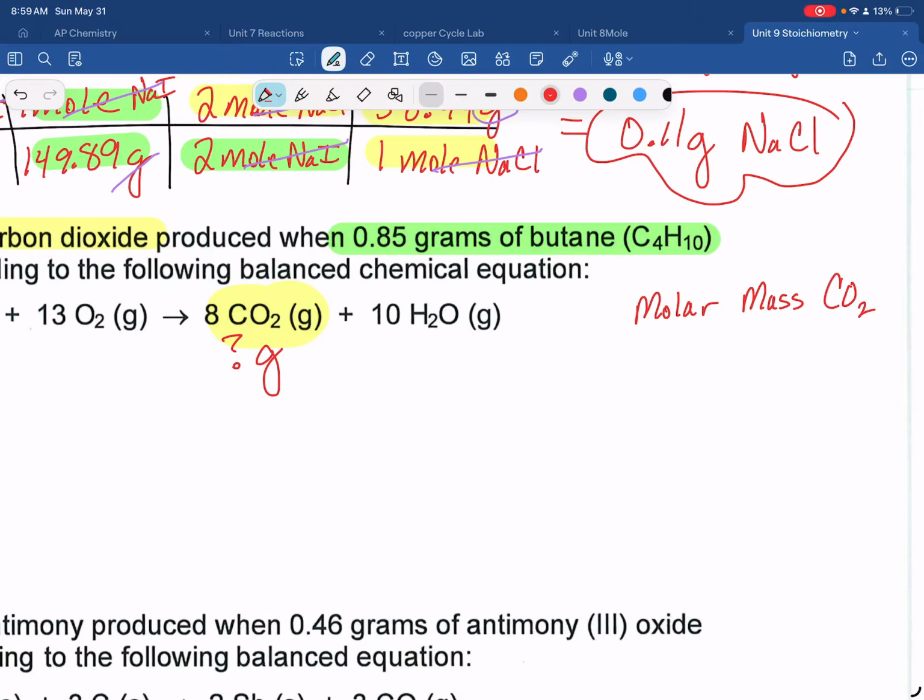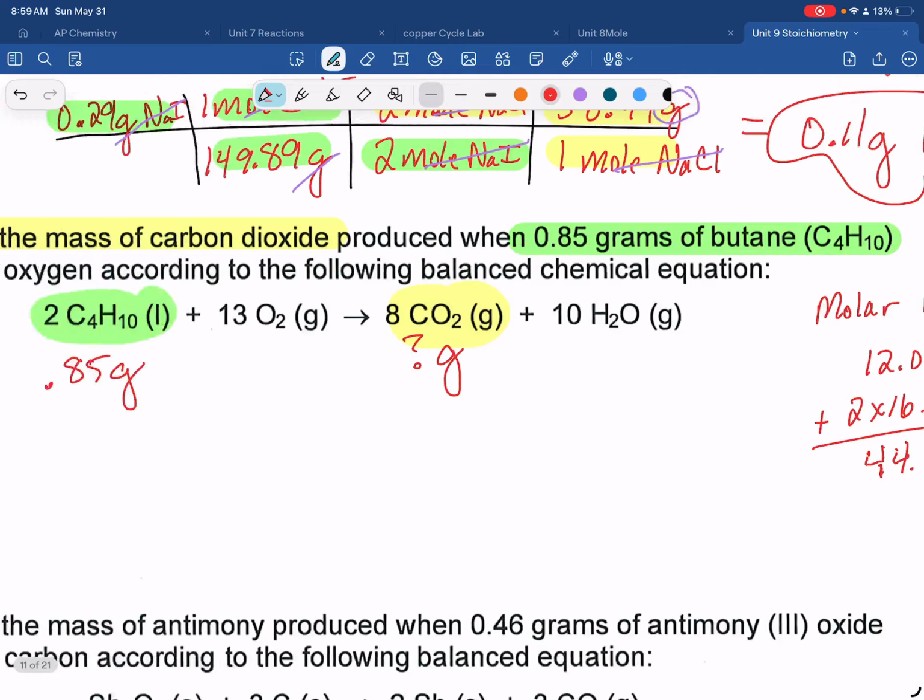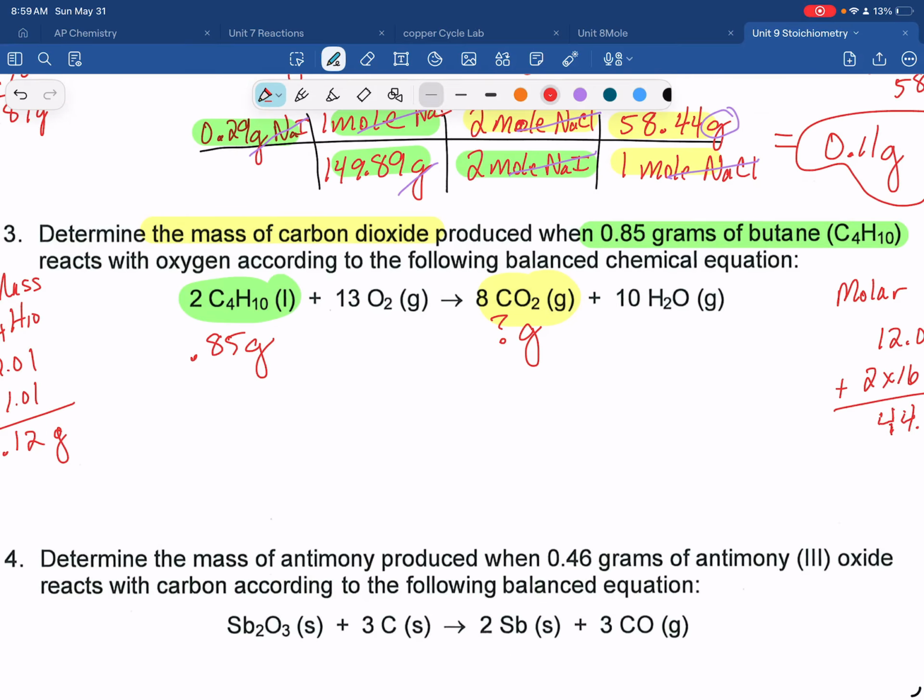So 1 carbon, 12.01, and 2 oxygens, 2 times 16. 44.01 grams. Okay, now we can set it up.